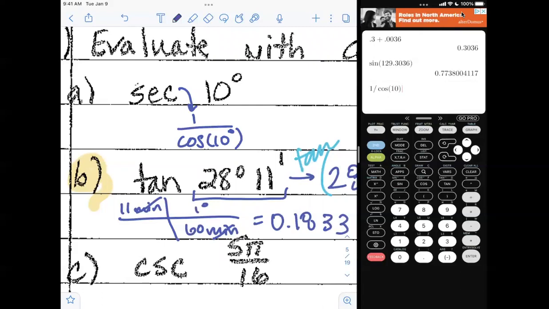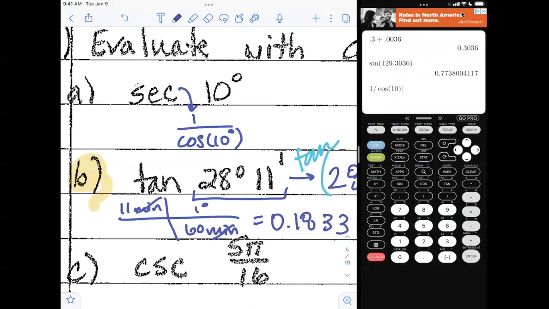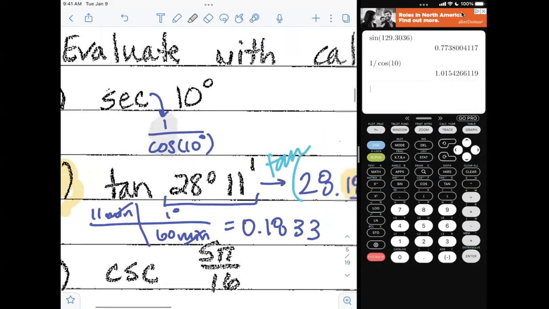Now, if you're like, I have no idea what mode I'm in, go back and check. I believe we're in degrees. Okay, we still are in degrees, so I'll second quit out of that. So 1 over cosine of 10, and that is going to give me my answer here. So that is 1.0154. So the special thing we did here is we don't have a button for secant, we put 1 over cosine, and we're about to do that for cosecant and for cotangent.